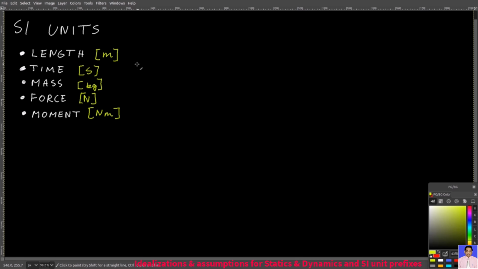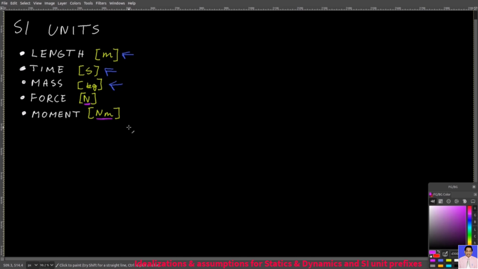So these are the SI units. The units meter, second, and kilogram were your fundamental units, which means that other units like Newton and Newton meter can be written in terms of meters, seconds, and kilograms.